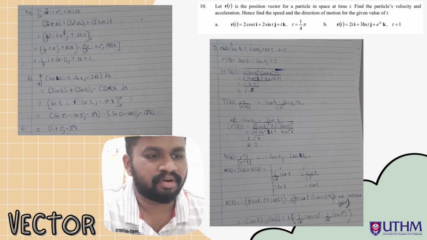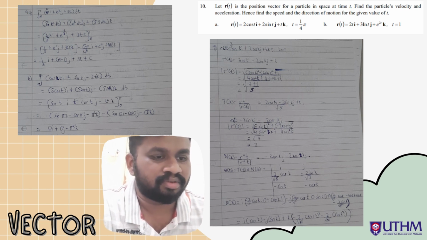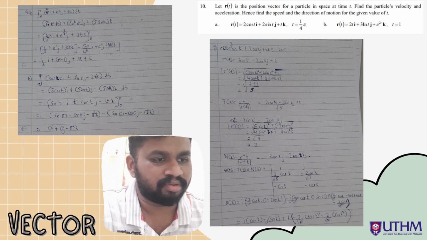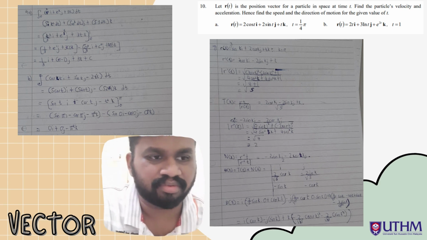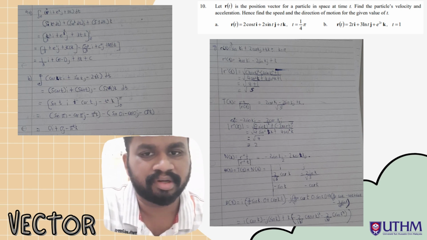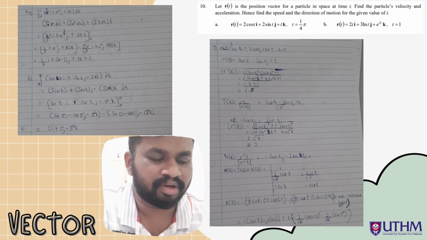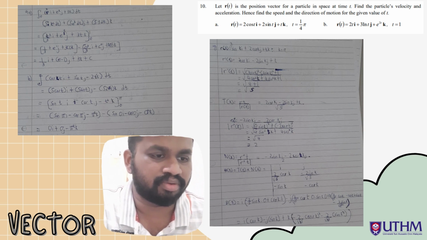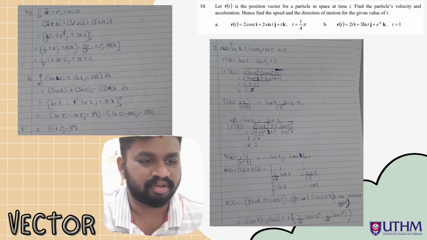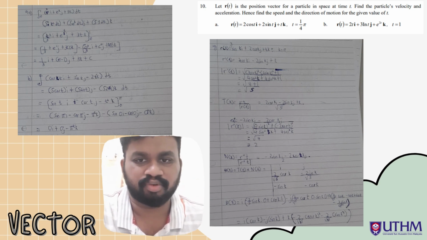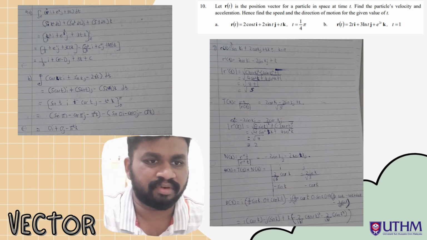So you get the square root of 4 plus 9 over t square plus 4e to the power of 4t. So the square root of 4 plus 9 over 1 square plus 4e to the power of 4, as t equals 1. Once you add all the values and take the square root, you get 15.21. So that's the value for question B. So this is the question for 10.